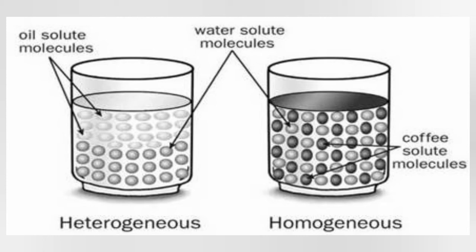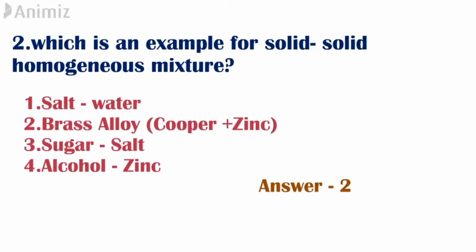But in a heterogeneous mixture, we can distinguish two components from one another. For example, when oil is mixed with water, we can observe two separate layers of oil and water. Now we have an idea on these two mixtures. So now let's move on to our question. The answer for this is answer 2.